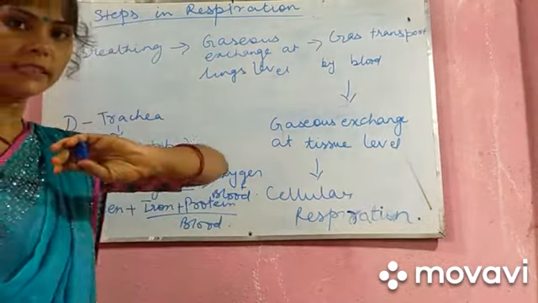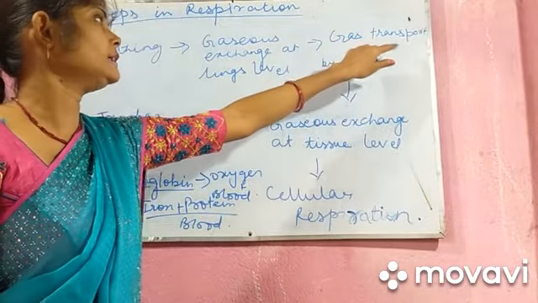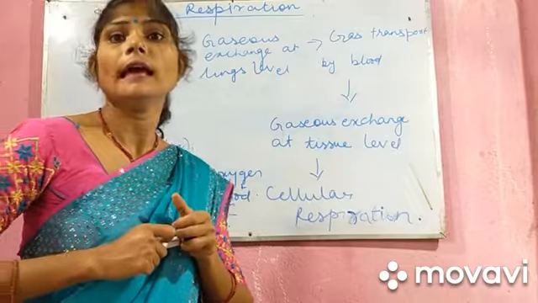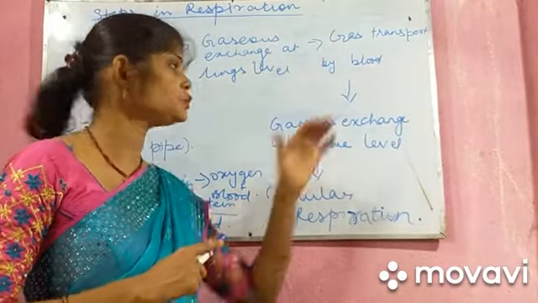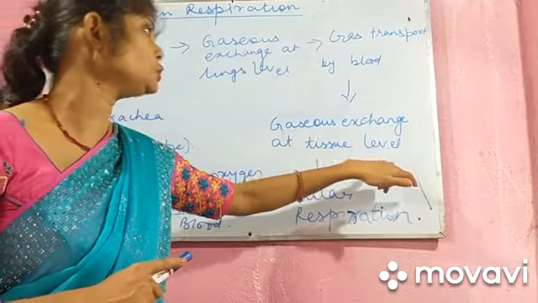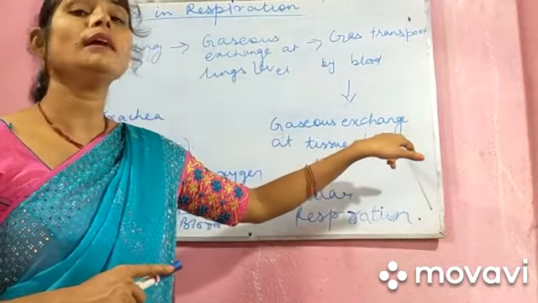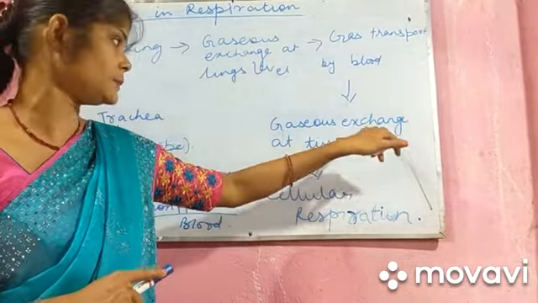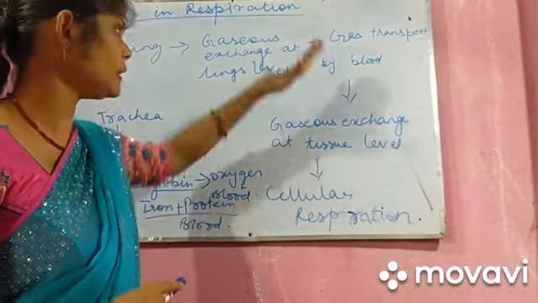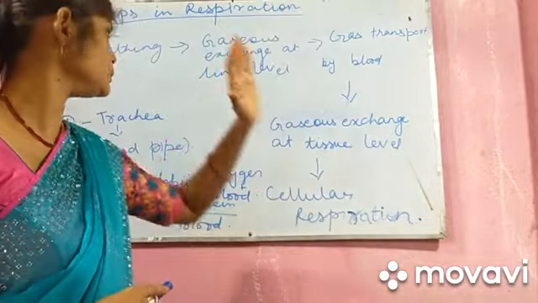Now the blood is mixing with oxygen, and the oxygen gas is transported by the blood, as blood is a fluid connective tissue, to the different parts of the body. Now this blood will come at the tissue level, where gaseous exchange takes place. Now from the tissue level to cellular respiration, and in this way the process of respiration will continue.